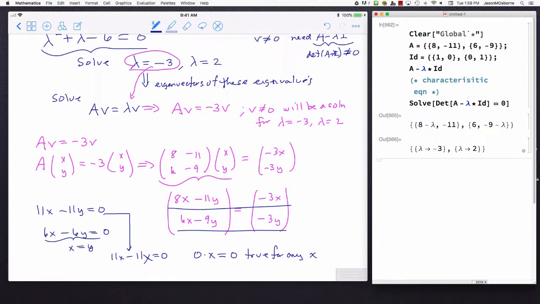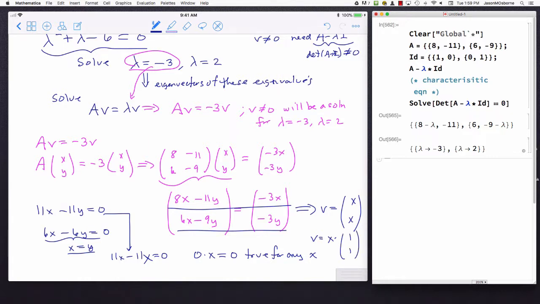So if x can be anything and x has to equal y, then y has to equal x, and therefore your eigenvector was 1, 1.